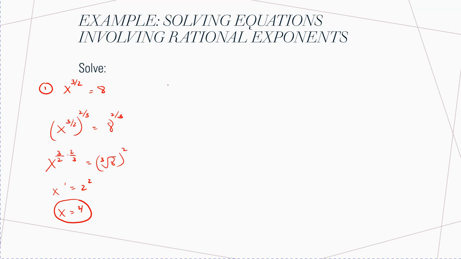All right, let's try this one. Let's look at 6x to the 5/2 power minus 12 is equal to 0. All right, so you're going to isolate this. So add the 12 over. Divide by 6. So you get 2. And then look, you're just going to raise both sides to the reciprocal of this.